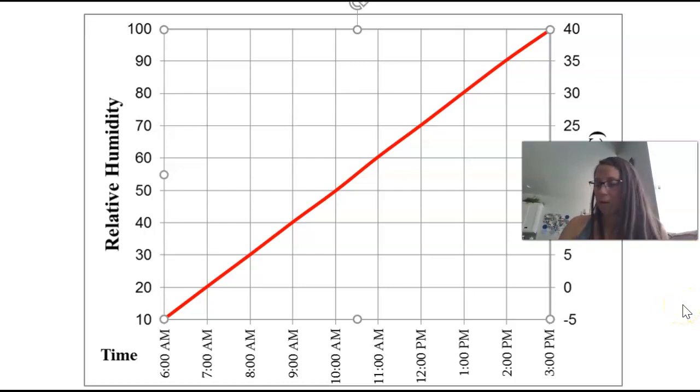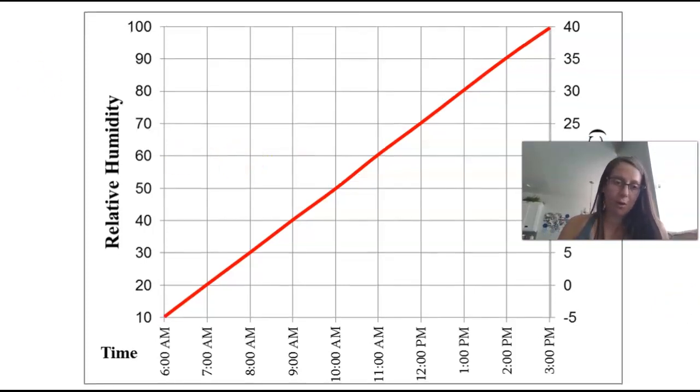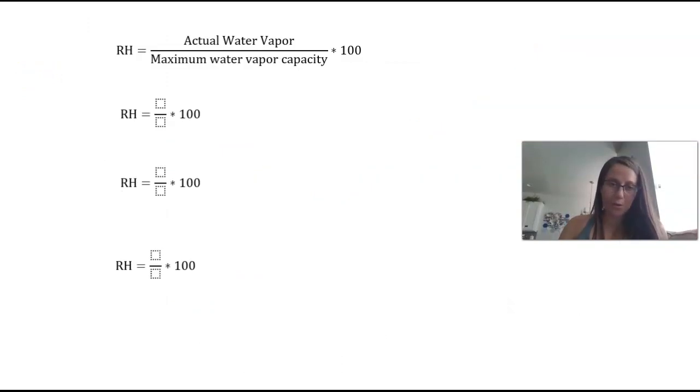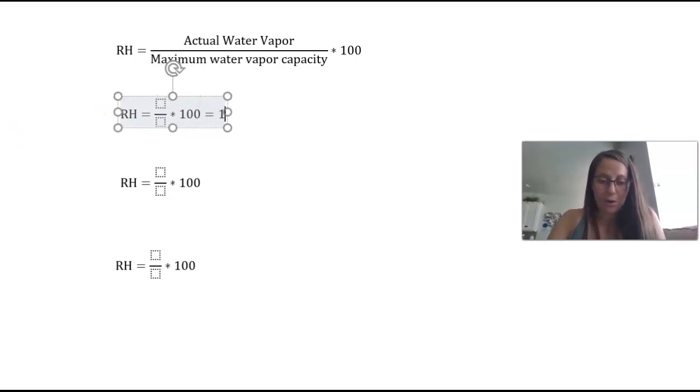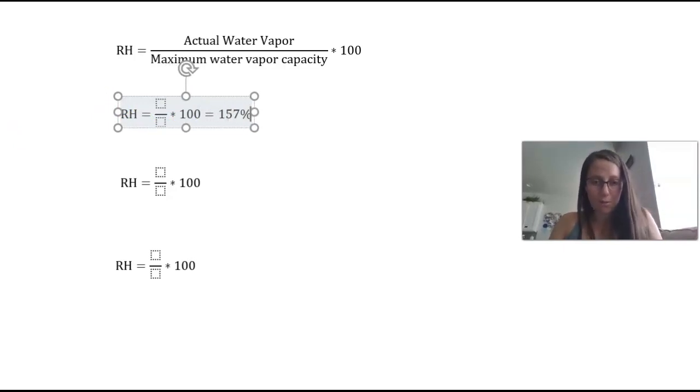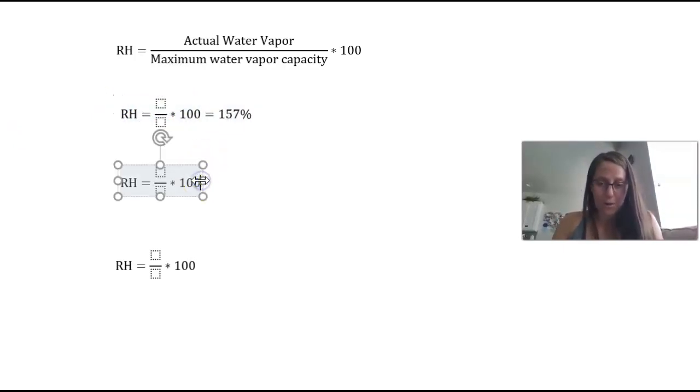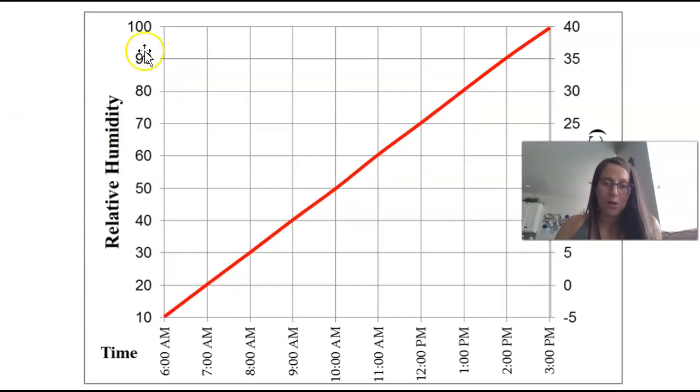Now you're going to fill in the line for the relative humidities that you calculated. So because we only have calculated 2 so far, which again were, sorry, this deleted itself, 157% for the 6 a.m. one and 108% for the 7 a.m. one, I'm going to mark those at 100%, right? Because the table doesn't give me any higher values.